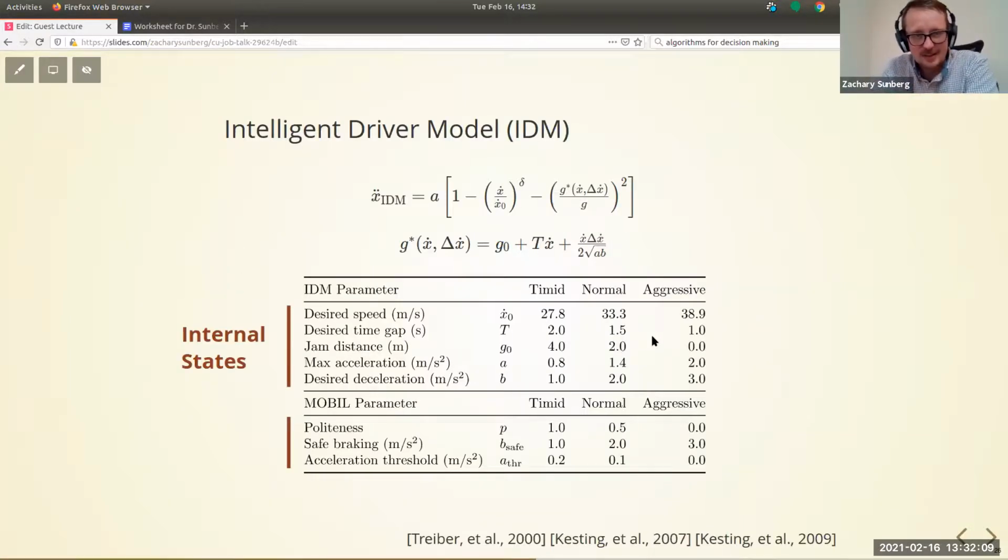We used this thing called the intelligent driver model to model the internal states. This is a differential equation. It governs how the drivers behave based on these internal parameters. An example is the desired speed, where for an aggressive driver, that might be 40 meters per second. For a timid driver, that might be 28 meters per second. These values were taken from some real road data. So this model is a model for how other humans drive based on these 8 parameters.